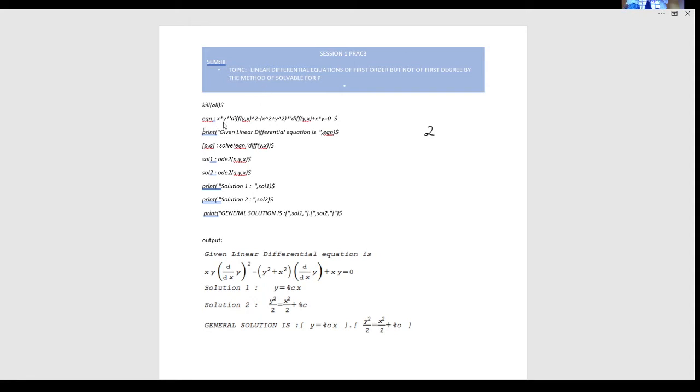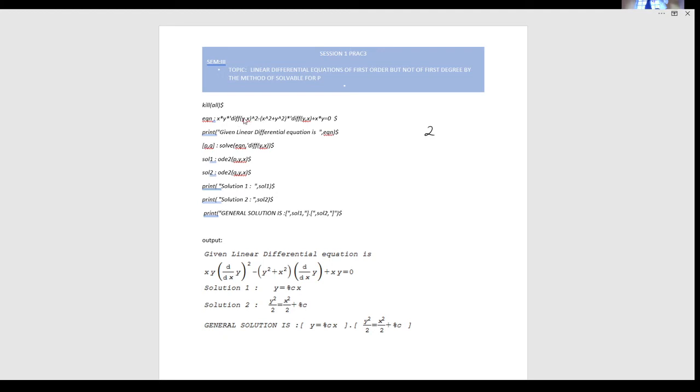I have taken an equation which I symbolized as EQN. Colon, we write like this. Here I write the differential equation. I read it as we write on a blackboard: x into y, xy into dy by dx whole square.